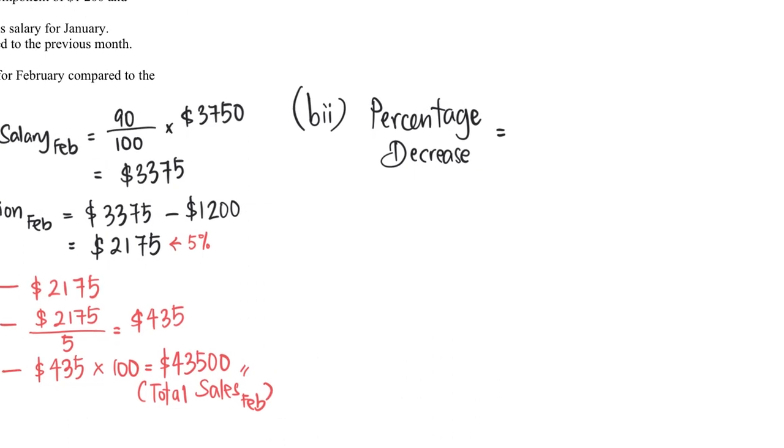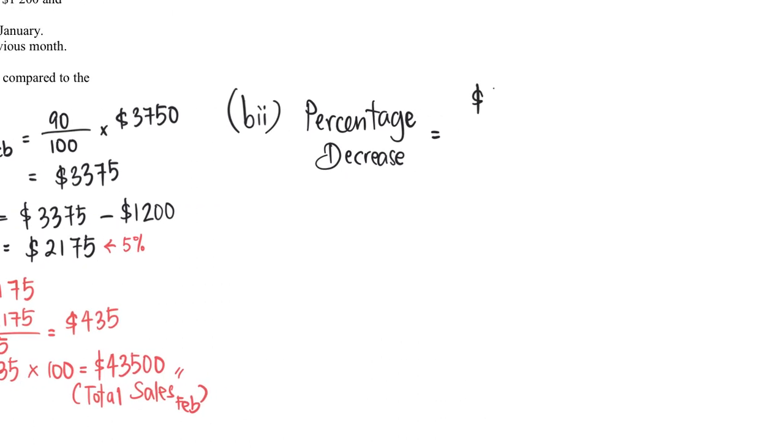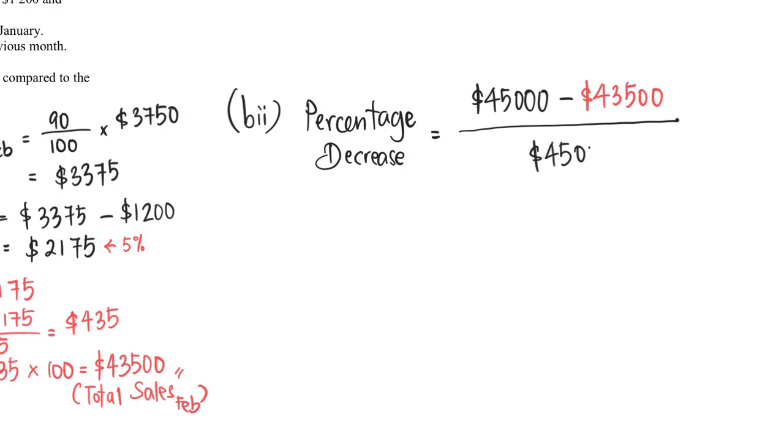That would then be, previously I have 45,000 in sales in January, and in February I now have 43,000. So that will represent the decrease over the original times 100%.